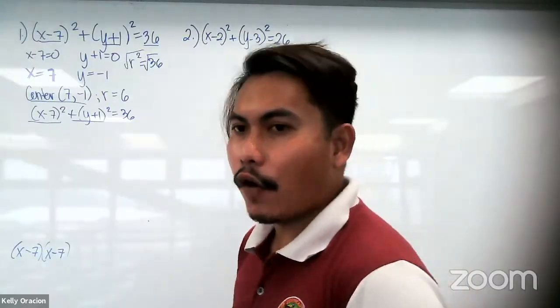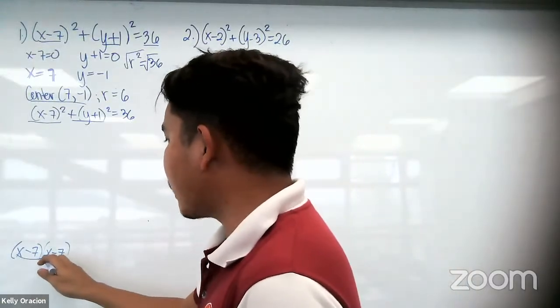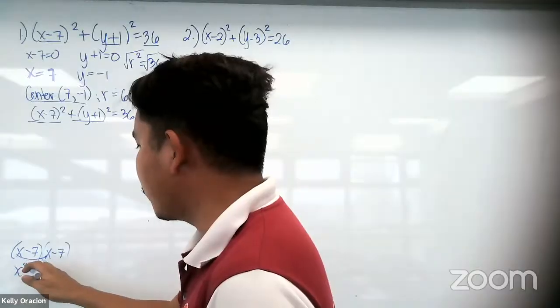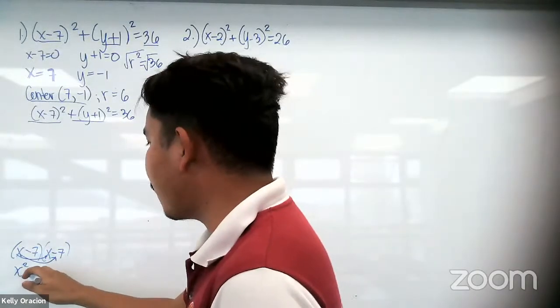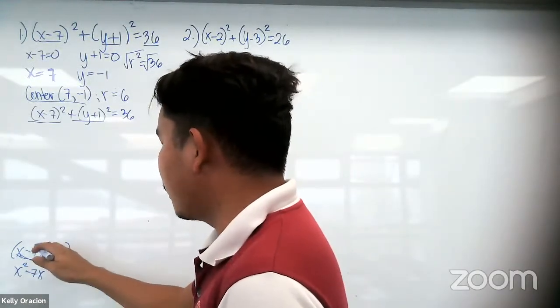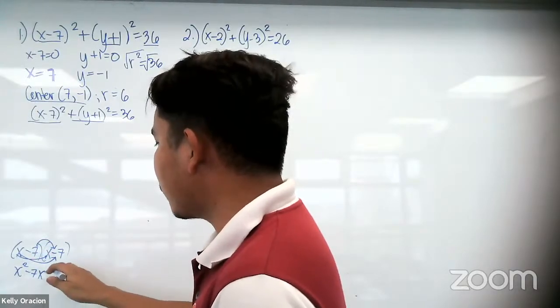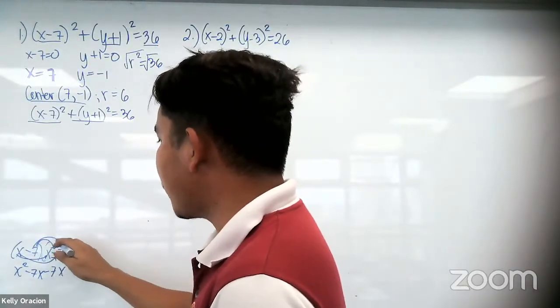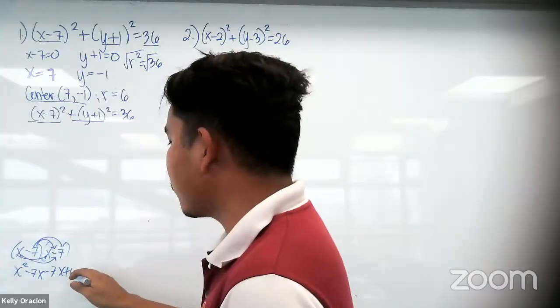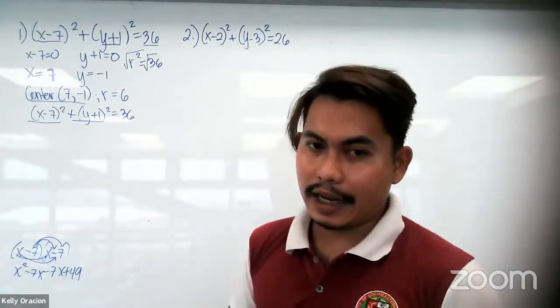Okay, so using the FOIL method, x times x, that's x squared. X times negative 7, that's negative 7x. Negative 7 times x, negative 7x. Negative 7 times negative 7, that's positive 49.